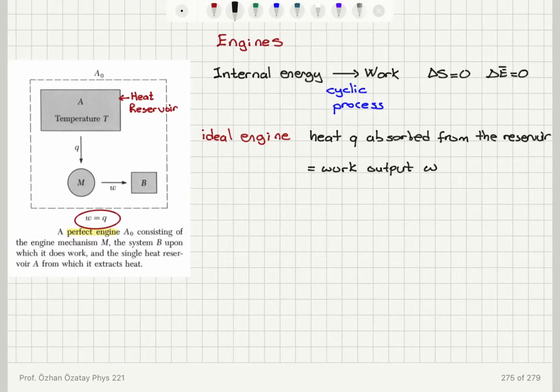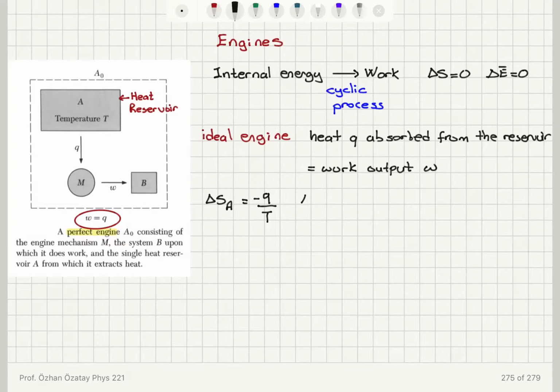Now, if you think about the second law of thermodynamics, is this possible? Looking at the entropy change in the reservoir A, delta S: it's providing heat Q, therefore heat is extracted, so the heat added is negative, minus Q, at constant temperature T. That's the entropy change in the heat reservoir.